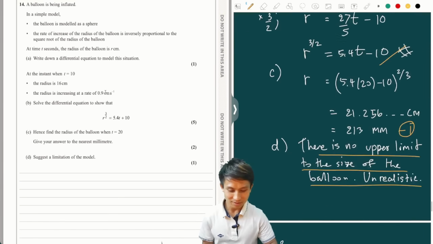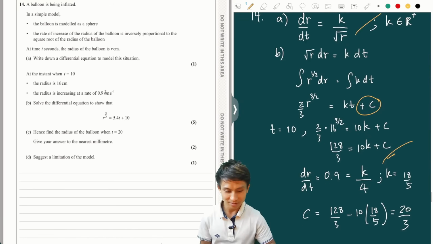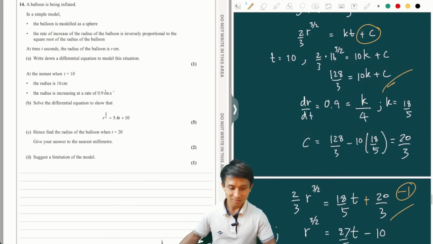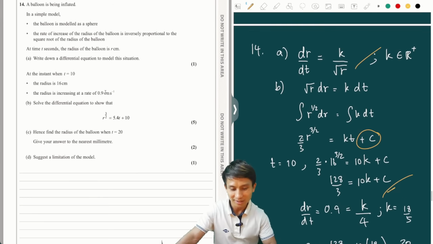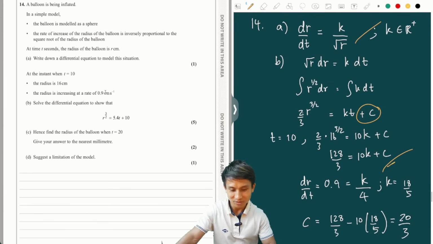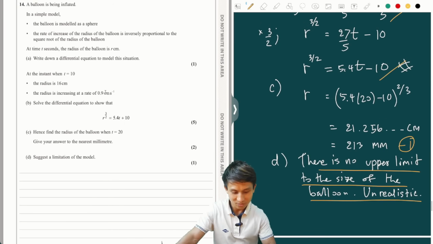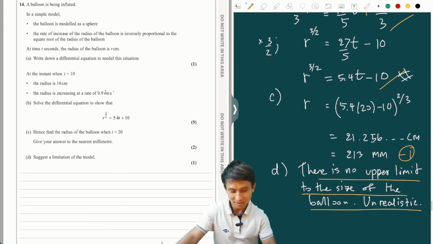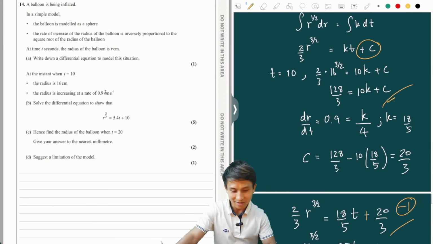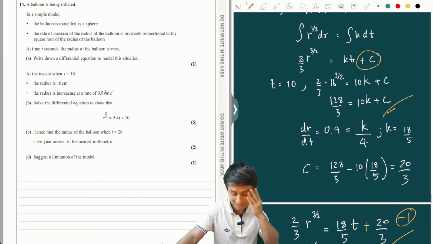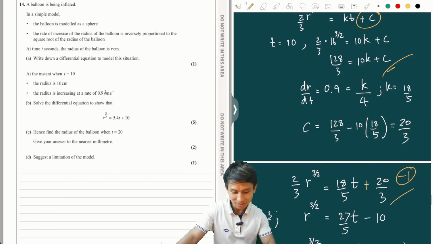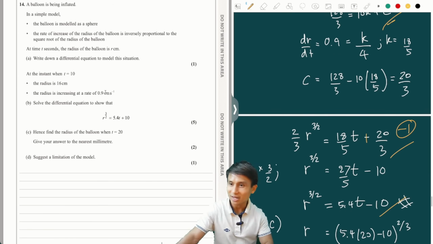14 here, the rabbit thing, yeah, I lost the most marks from this question, I think. Well, still fine, right? First, I lost it because there was a plus C, and when I got C to be positive, somehow I wrote negative here, right?